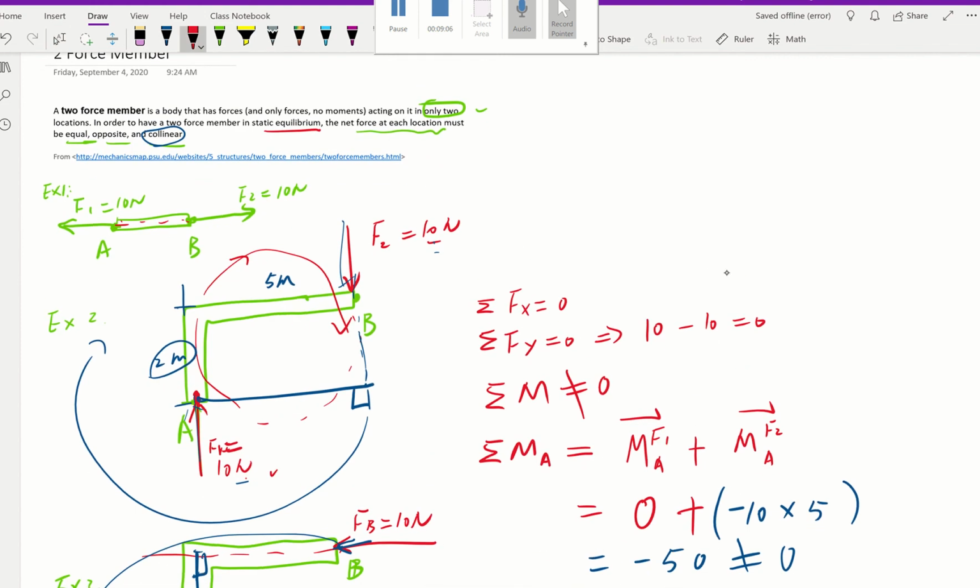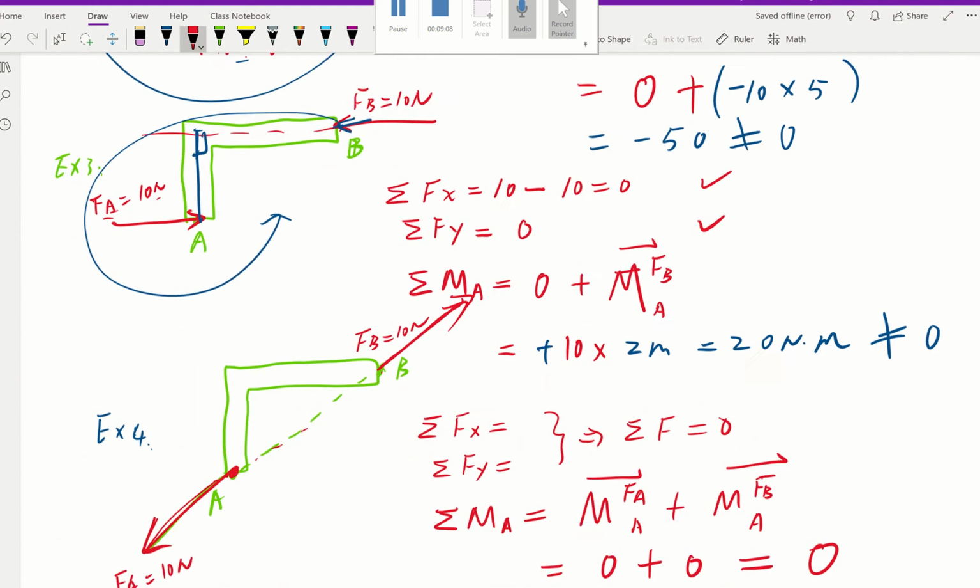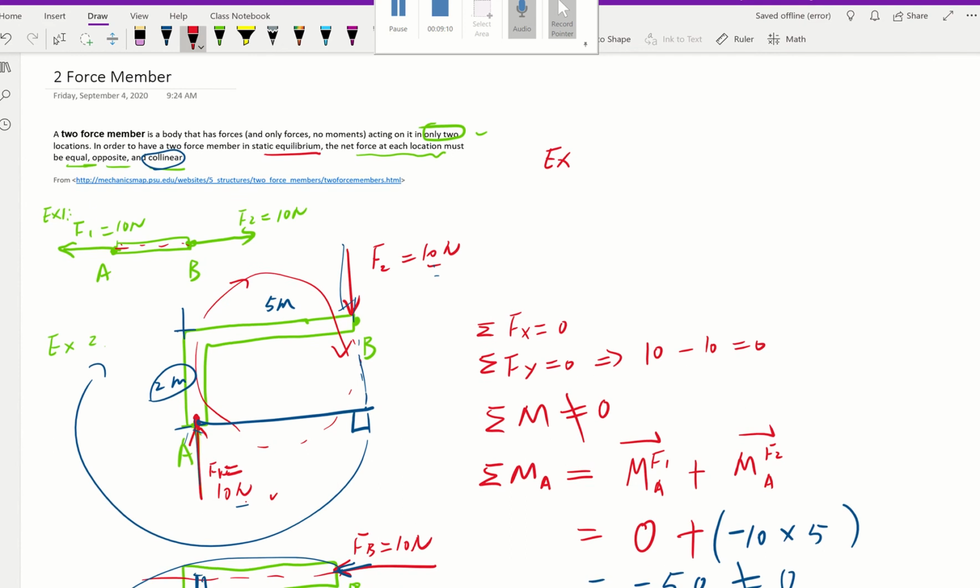Okay. So let's look at this example. I have example 5. I have this structure. Okay, weird shape. I can draw whatever we want, right? And this is point A, this is point B. In order to make this odd shape be at equilibrium, this is of course a two force member.